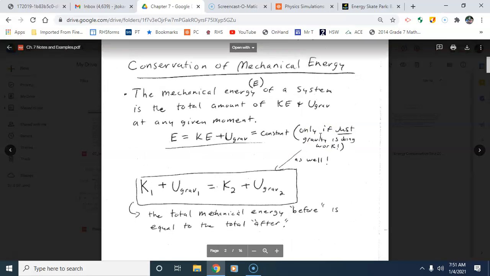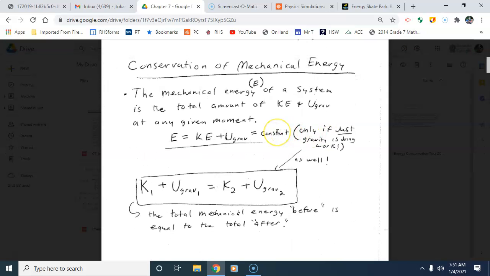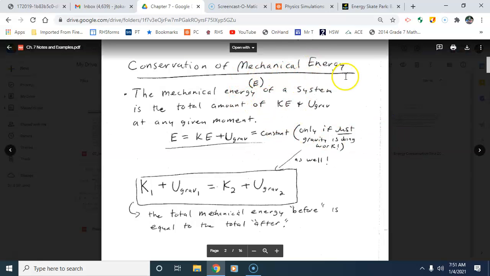Now, how it all runs together is what we consider conservation of mechanical energy. And mechanical energy is a new term as well. Mechanical energy of a system is the total amount of kinetic and potential at any given moment. Remember, kinetic energy is the energy of motion.